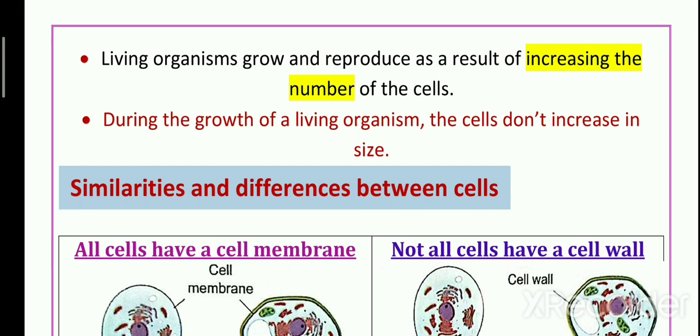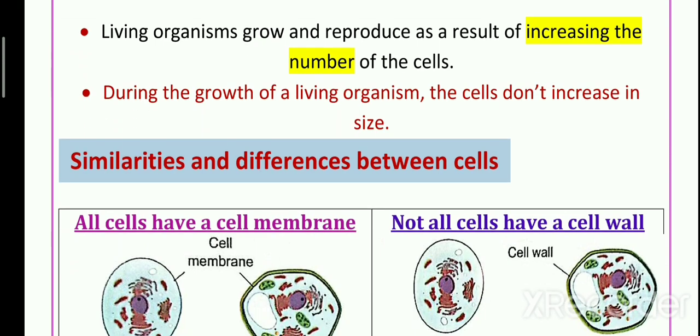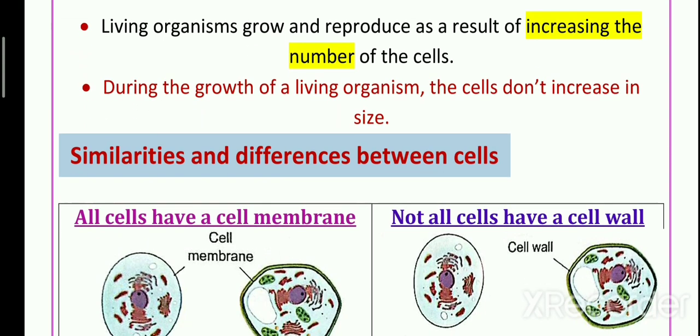At first, the living organism is a baby, and after that, living organisms grow and reproduce. Okay, we want to know living organisms grow and reproduce due to what, or as a result of what?